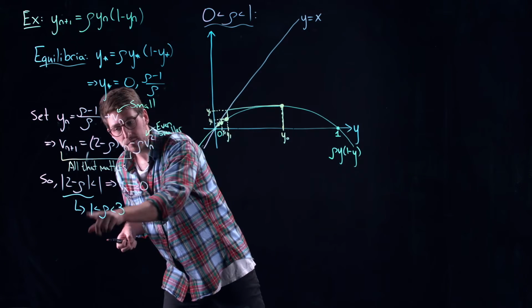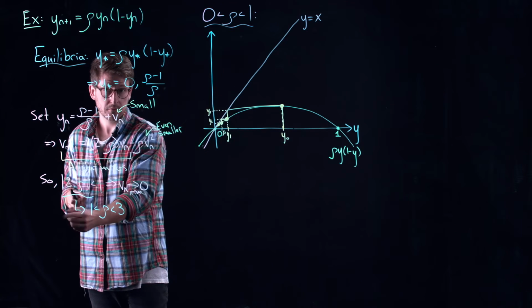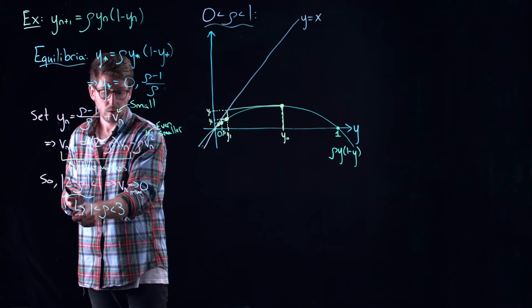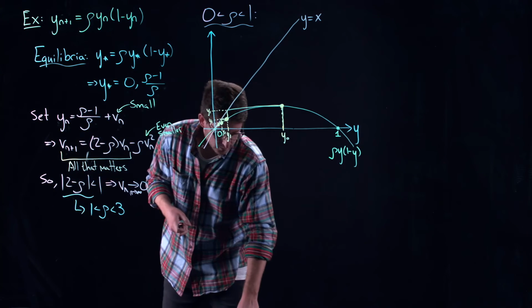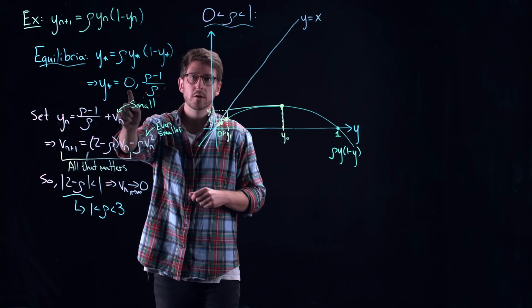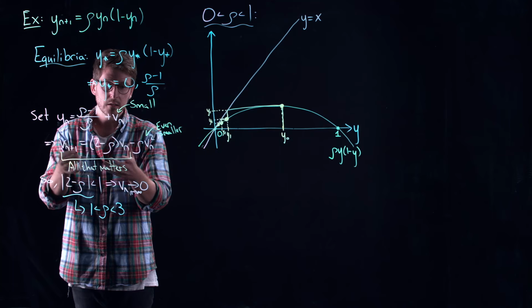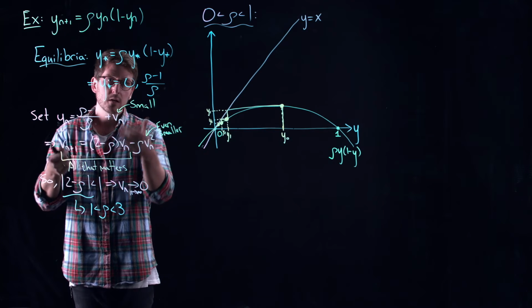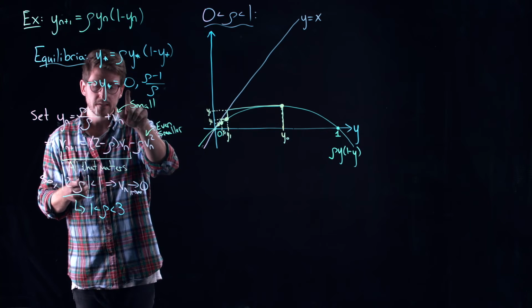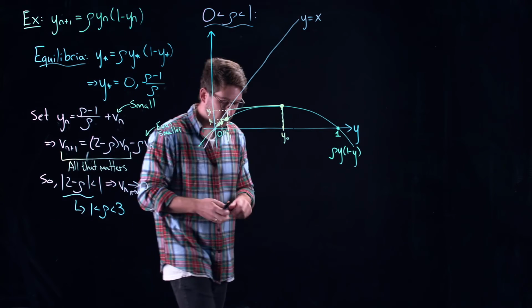So you asked me, Jason, what happens when rho is less than 1, if I go out to the left of this interval? Well, in this case, I'm seeing that I am converging to the other equilibrium. And in fact, if you do the same thing here, you do this little linear expansion that I just did, you'll see that 0 is stable using the same criteria when rho is smaller than 1.